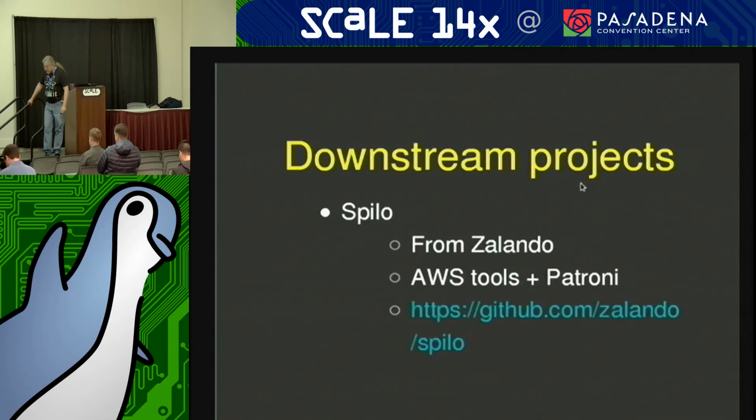So, given that Patroni doesn't cover everything, we have a couple of downstream projects. The one that is sort of in production right now is a project called Spilo from Zalando. So Spilo is Patroni plus a whole bunch of Amazon tool orchestration. They're a very AWS integrated company, and so they use all the AWS tools, you know, the Amazon virtual IPs and the load balancers and that sort of thing, on top of Patroni to provide a complete system.